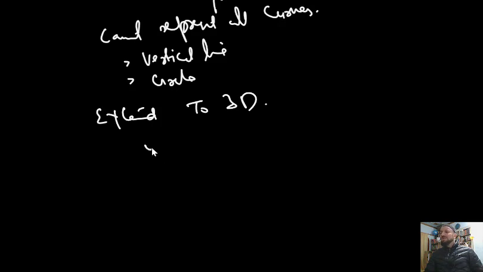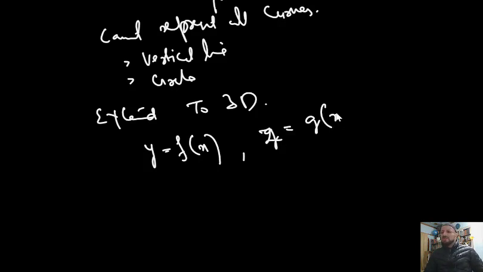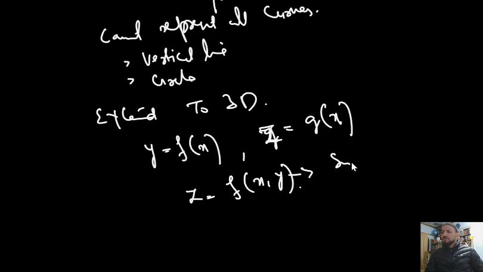Say for example, we said y equals f of x, and z is equal to g of x, so you get a z value also. The form we can use here is z is equal to f of x comma y, and this will define the surface, because a surface needs all three things.